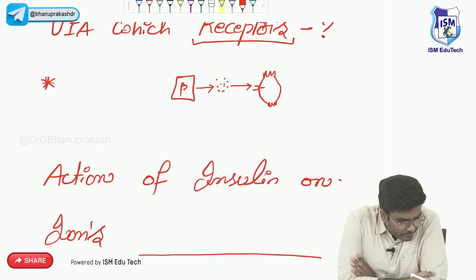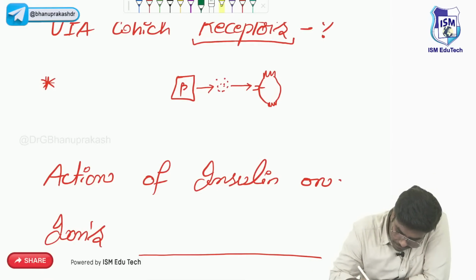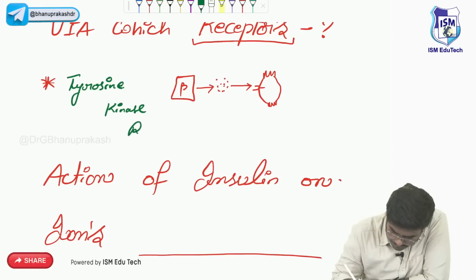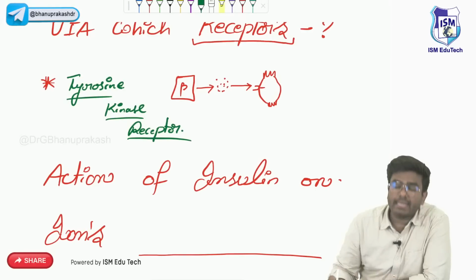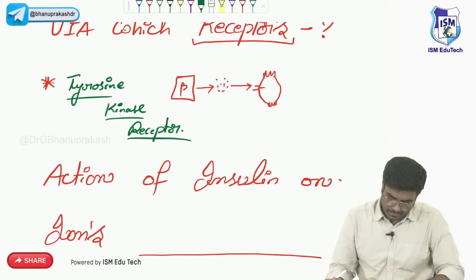Come on. Excellent, Eunice. It's a tyrosine kinase receptor. So insulin is acting on tyrosine kinase receptors.